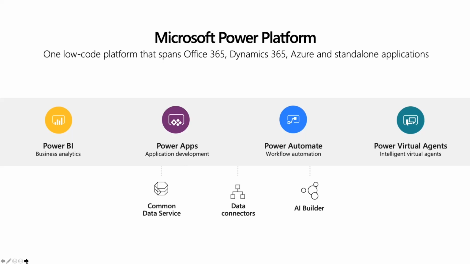We also have Power Automate, which is our workflow automation tool. Not only is Power Automate a workflow automation tool, but we've also introduced some robotic process automation capabilities. So all those tedious processes that were very time-consuming can all be automated with robotic process automation. We also have Power Virtual Agents, and Power Virtual Agents essentially allows anybody to be able to create a chatbot.